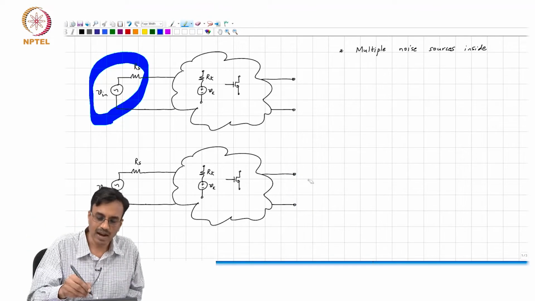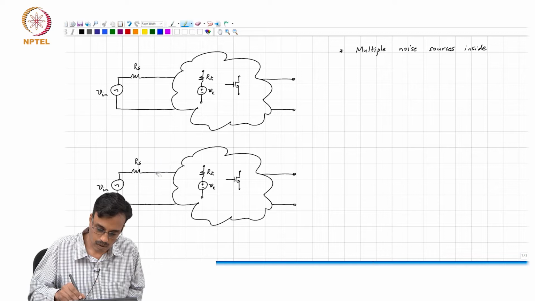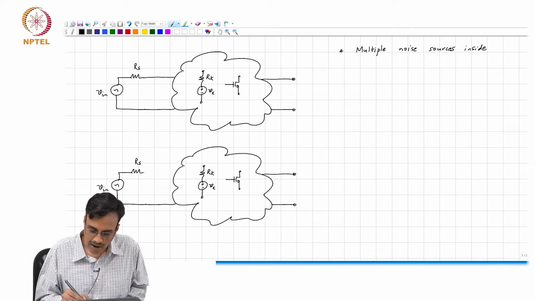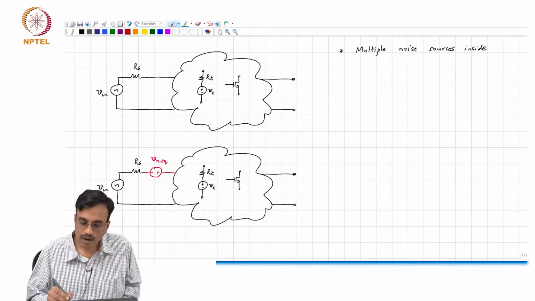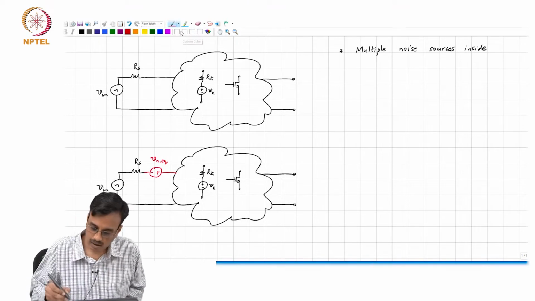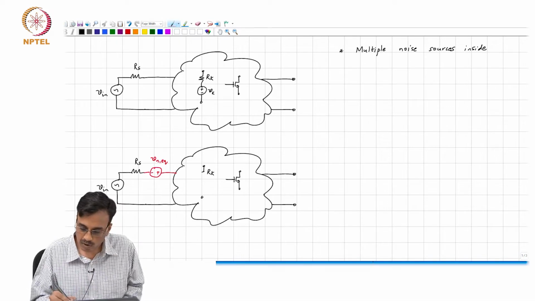So, let us ask the question, what if I found an equivalent noise source here, where I went and disabled all noise sources inside the network. So, what do I do?